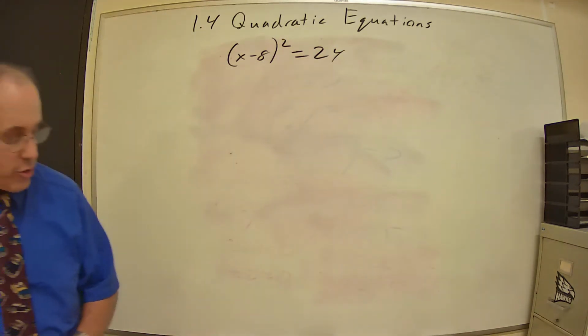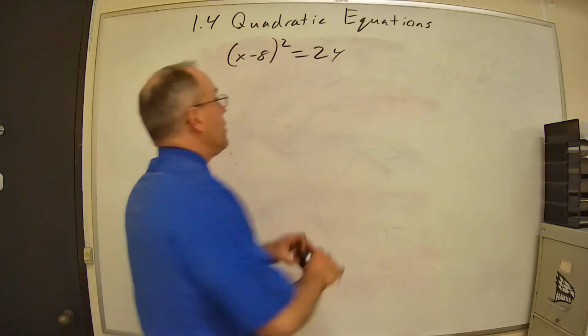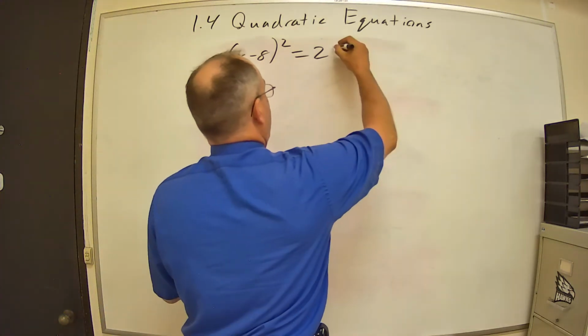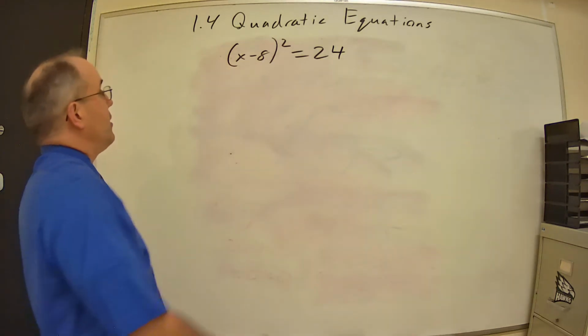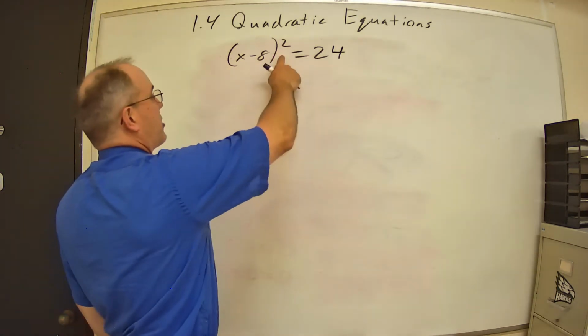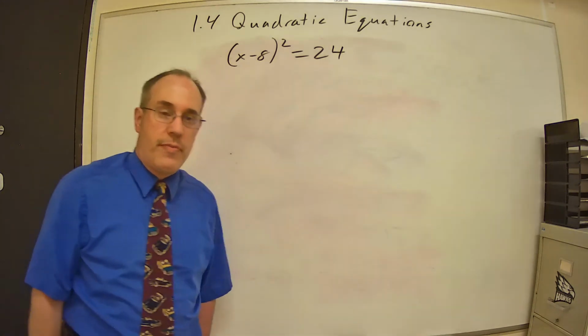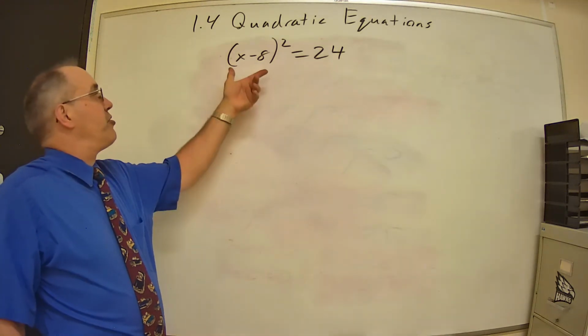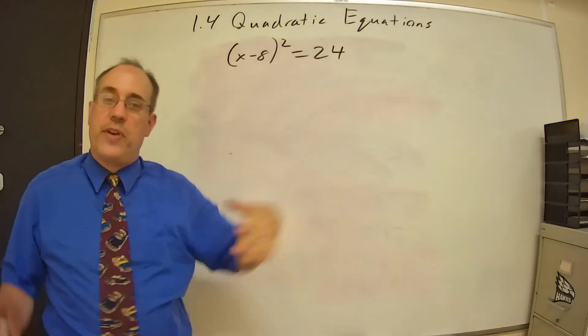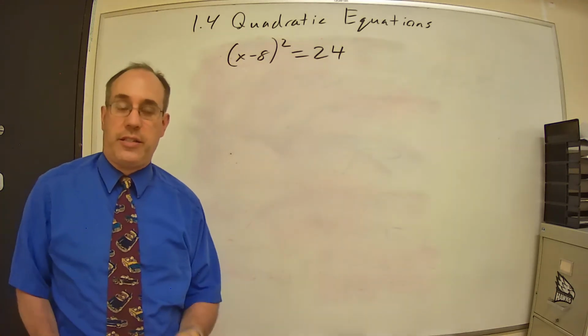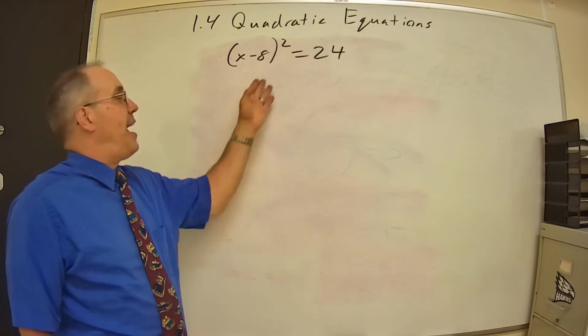Now, actually, let me rewrite that 4 so it does not look like a y. I just want that very clearly to be a 4. So we've got x minus 8 squared is equal to 24. Don't fall into the trap of going, oh, this is already factored, I just need to set each of these equal to 24. You can't do that. It's the zero product rule, which means it has to be equal to 0.